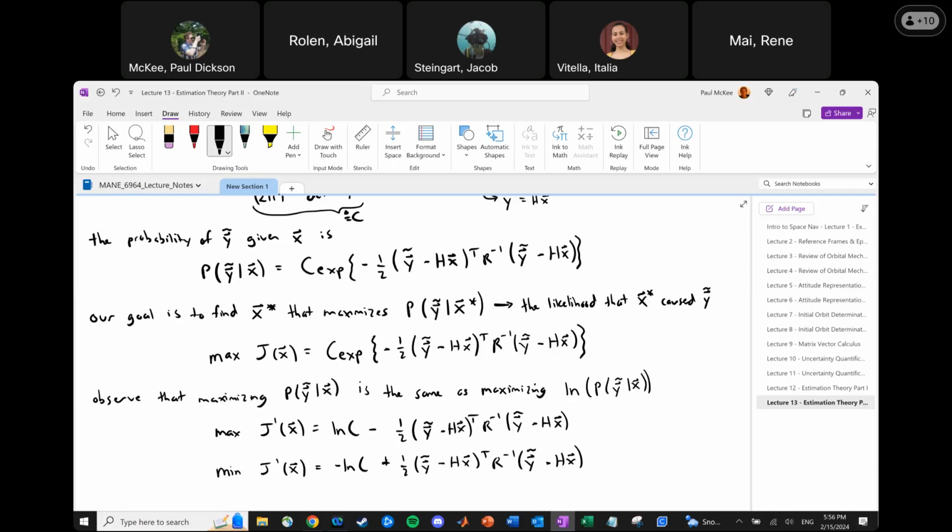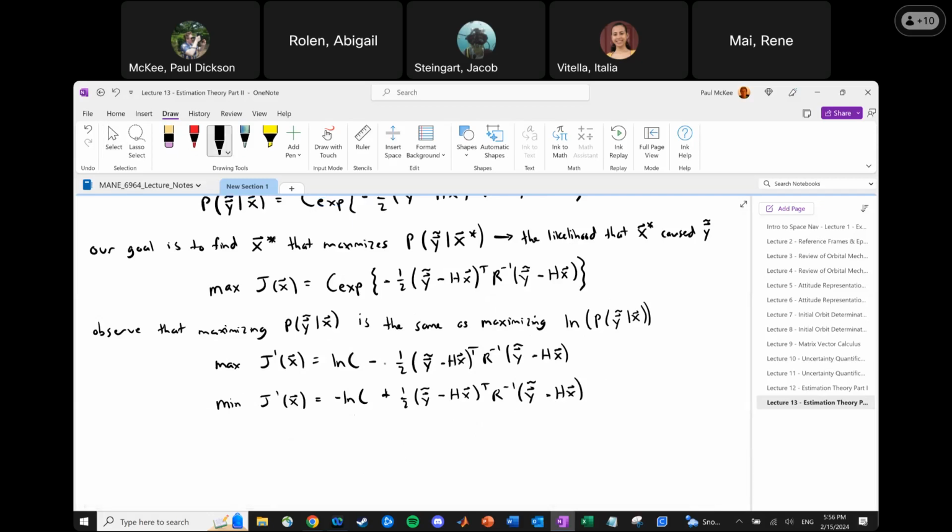Now, this first term, ln C, has nothing to do with x. This is the same thing as a vertical offset on your function. It will change the actual maximum or minimum value, but it won't change the location of the maximum or minimum value. So this has nothing to do with our state. Therefore, it's okay to drop.